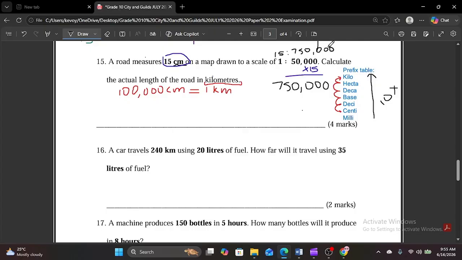All right. So no, this is not the answer, because this is in centimeters, but we want to get it in kilometers.